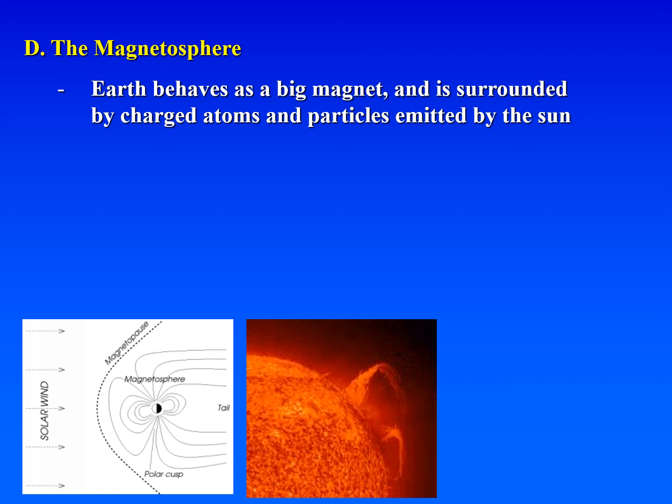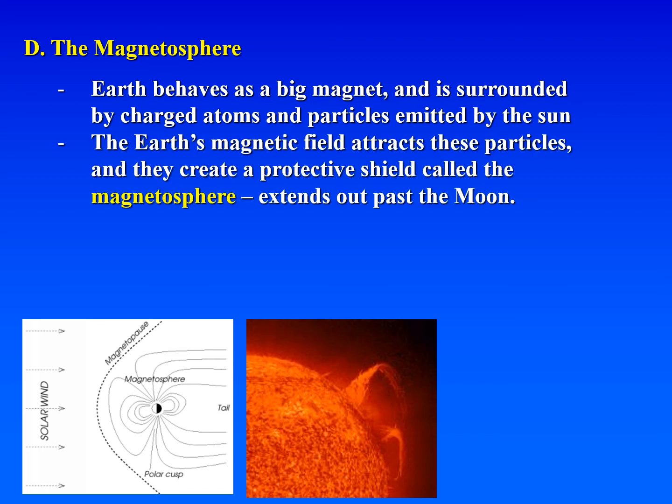Now, when they get close to the Earth, though, because they are charged, and because the Earth acts like a magnet, there's going to be an attraction between the two. And the Earth kind of surrounds itself with these charged particles from the sun. And that layer of charged particles is something called the magnetosphere.